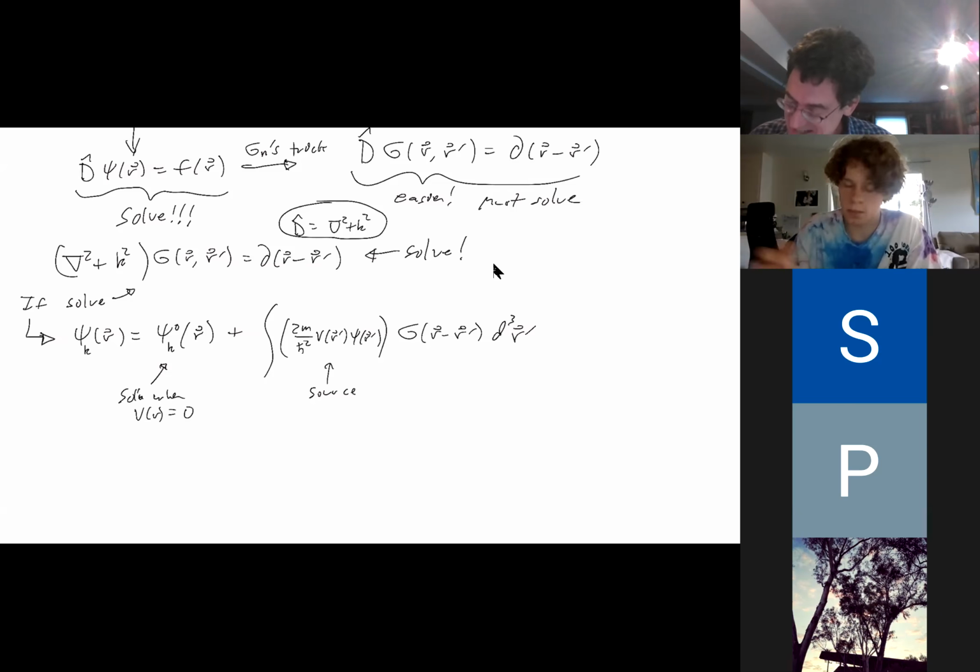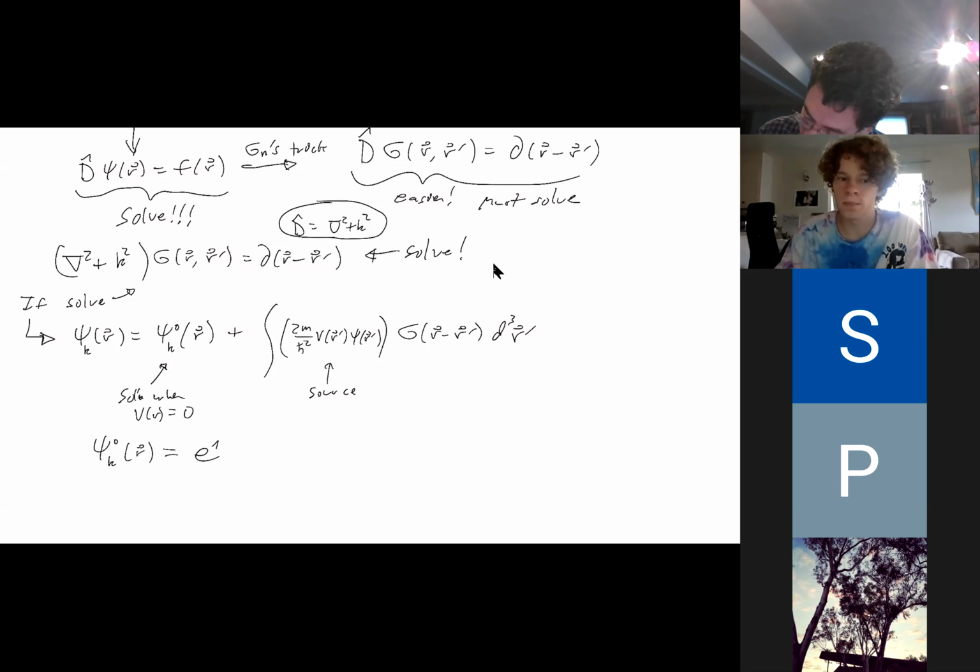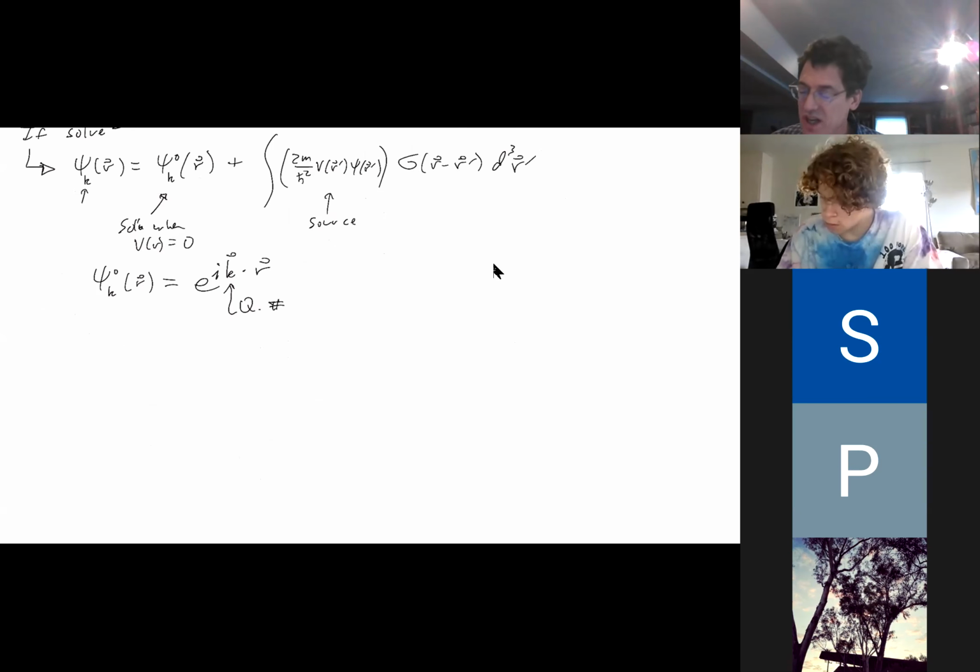And so what is psi naught of k? A plane wave? Yes, exactly. There are many possible plane waves. That's why k will be my quantum number. That's why I picked this k, because the homogeneous solution tells me which k to pick.